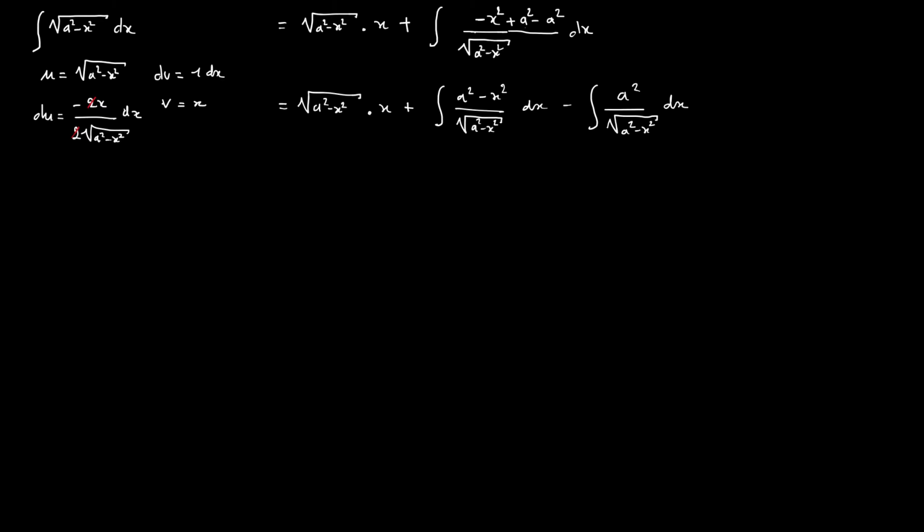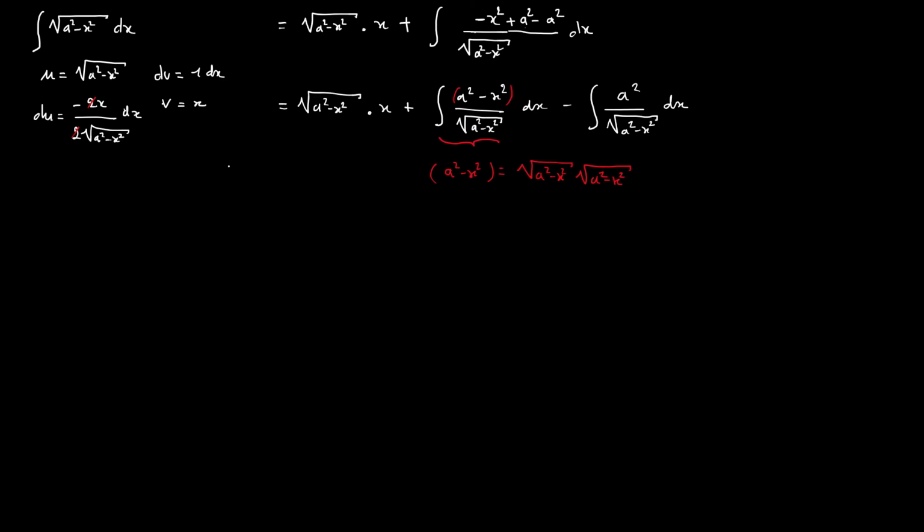Okay, so why did I do this? This is really what I was after. Remember, a squared minus x squared is the same as the square root of a squared minus x squared times the square root of a squared minus x squared. So why does that help us?